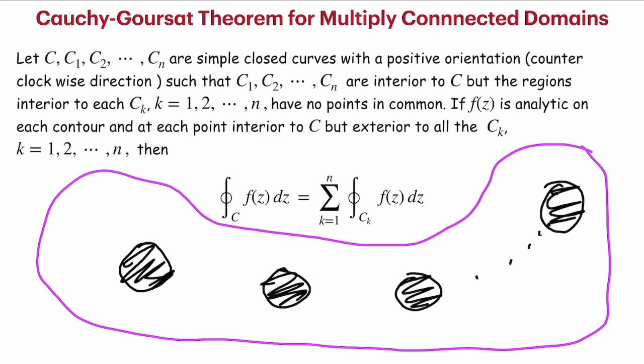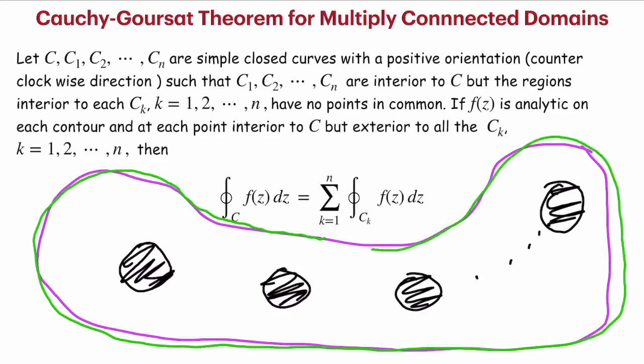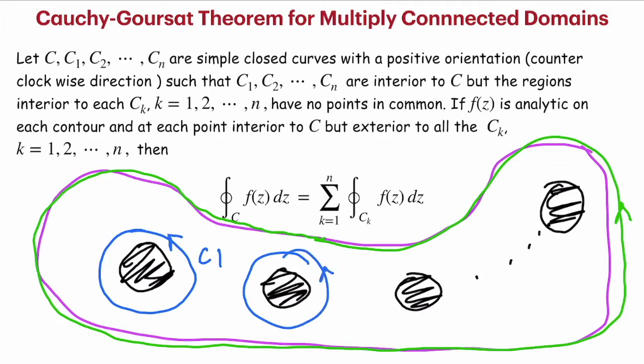You construct a curve C which is going in this region. This should be inside this pink curve, positive direction. So we also construct more curves, that is you call it C1, this direction. You have a C2 and C3, etc., till Cn.